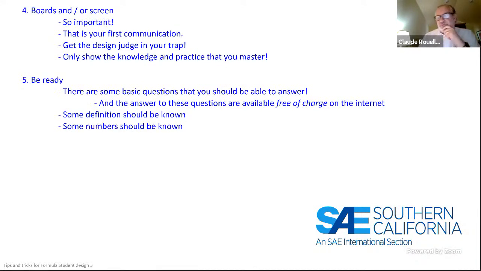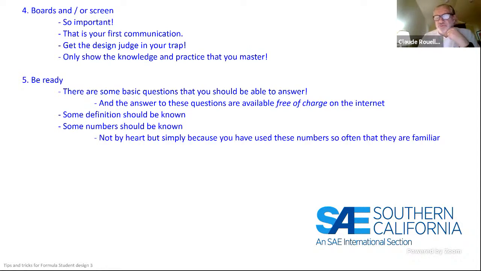There are some numbers that you should know. Not by heart, but because you simply use these numbers so often that they are familiar. So let me give you an example. Funny story. I asked a student one question. The guy took his binder and he turned the pages for like 30 seconds, 1 minute before he found it. And I took the binder out of his hand and I said, you have a girlfriend?